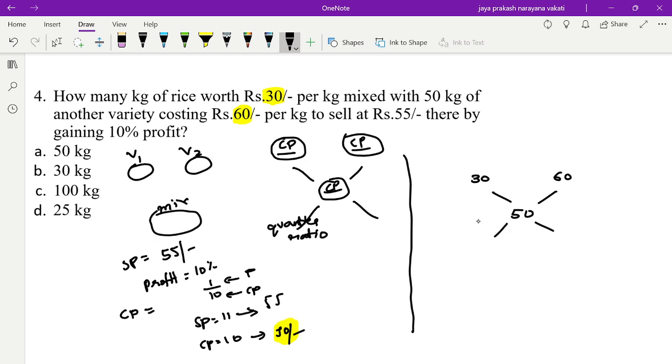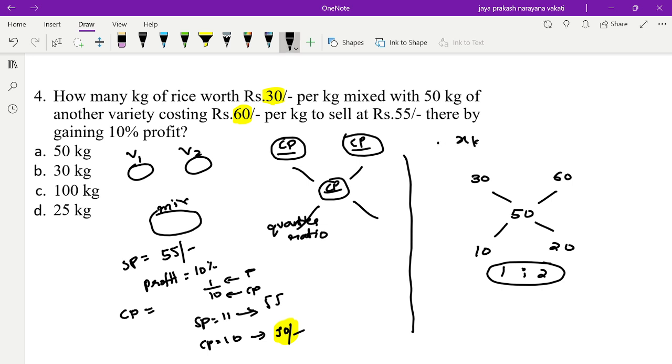So I've taken cost price and I'm going to get the quantities ratio. Take the difference of 50 and 60, which is 10. Difference of 30 and 50, 20. And the quantities that should be mixed are in 1 is to 2 ratio. I don't know the first variety; how many kgs I am mixing of the first variety itself he asked.